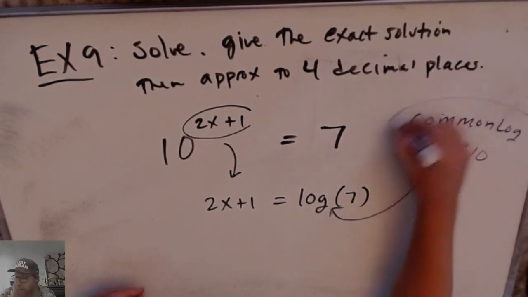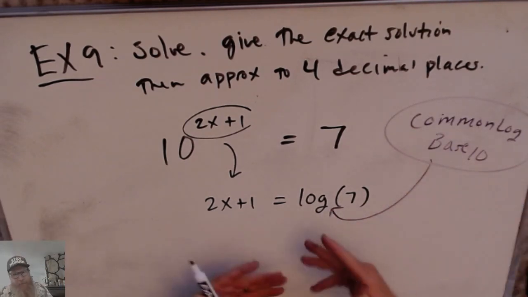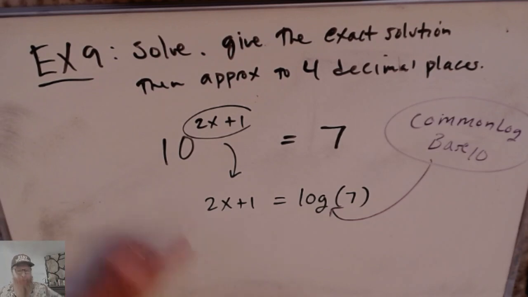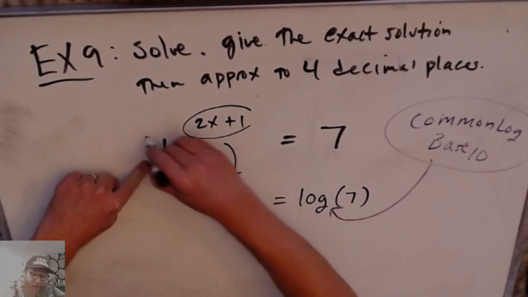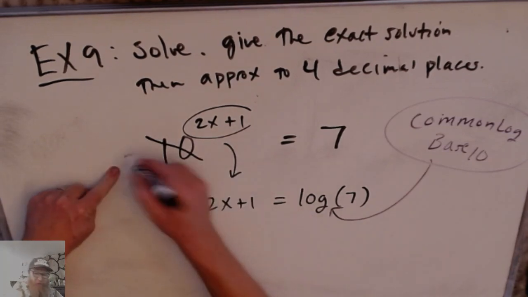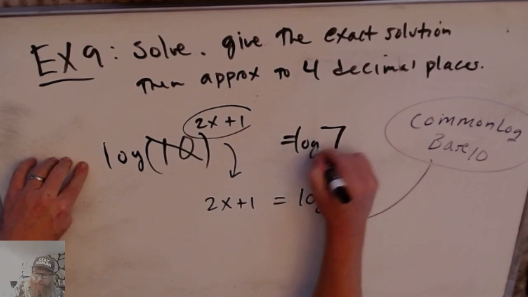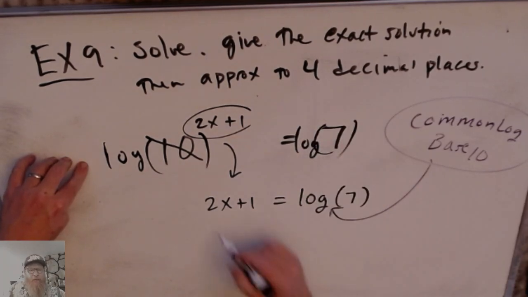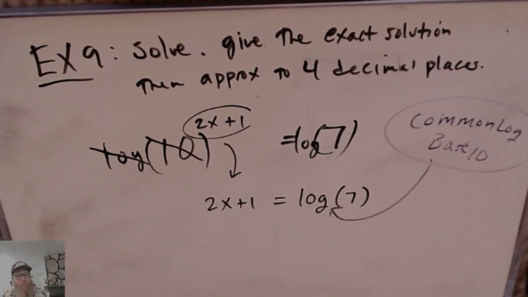If you want to write a little tiny 10 there to remind you in your notes that that's 10, by all means do that. On this side, it's already base 10, so that's going to cancel out. If I took the log of that side and the log of this side, these would cancel out because it's base 10 already. So I just get 2x plus 1.